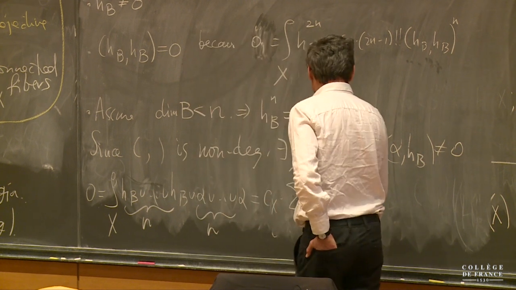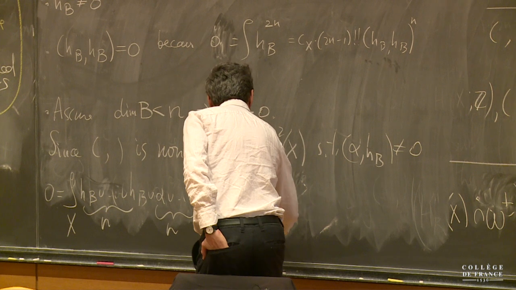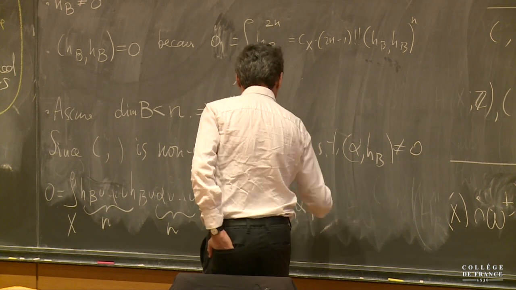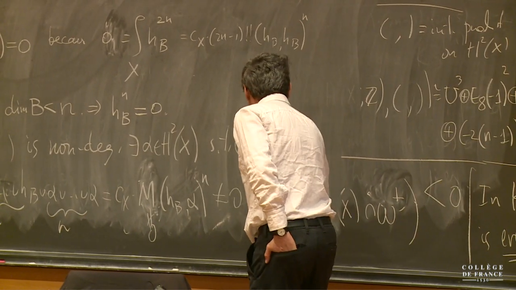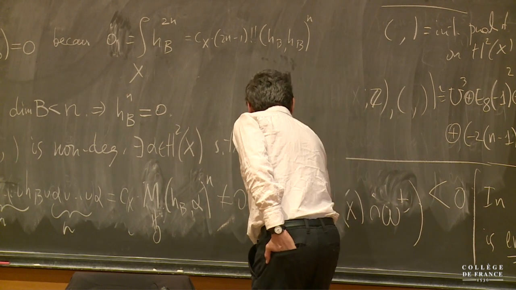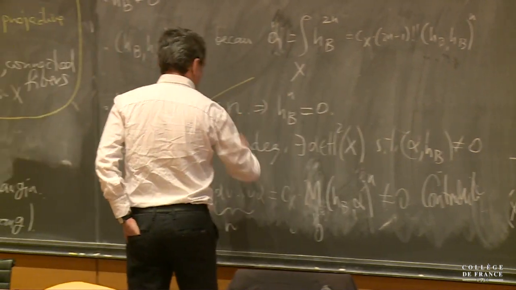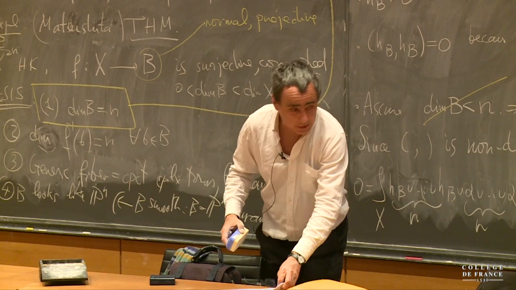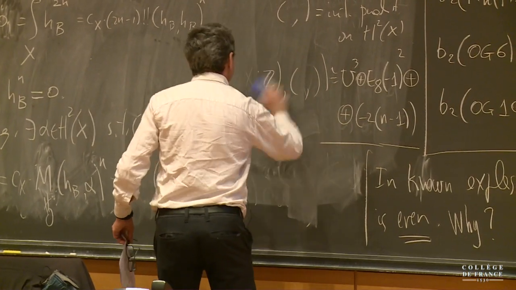That means that we get a non-zero multiple of the form of H_B and alpha to the n, which is different from 0. So we get a contradiction. This is not possible. Then we do a similar kind of thing, assuming it is bigger than n.